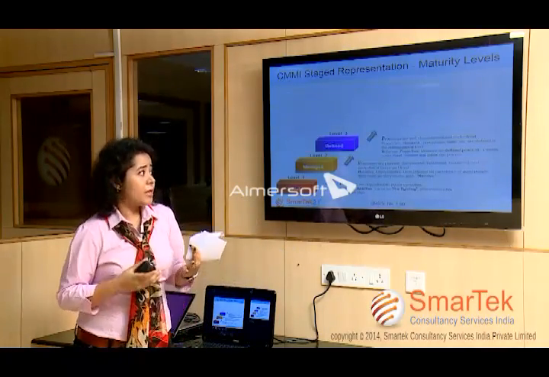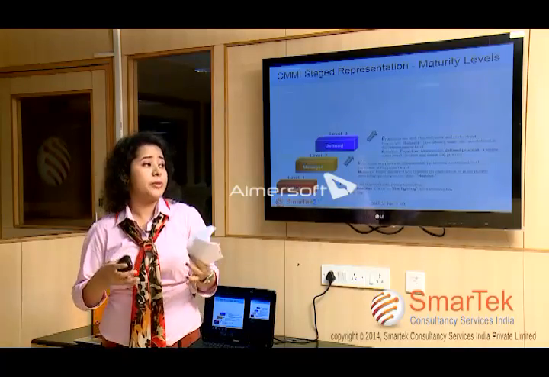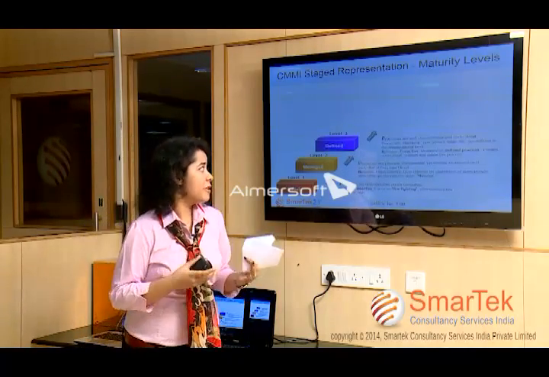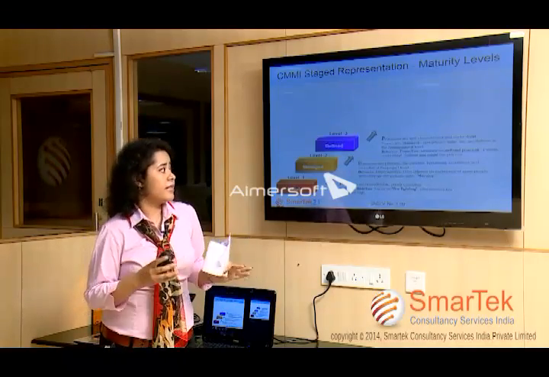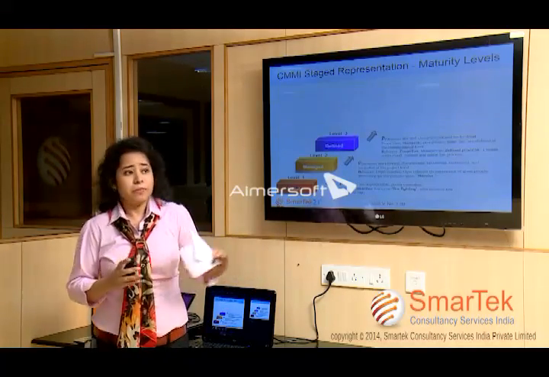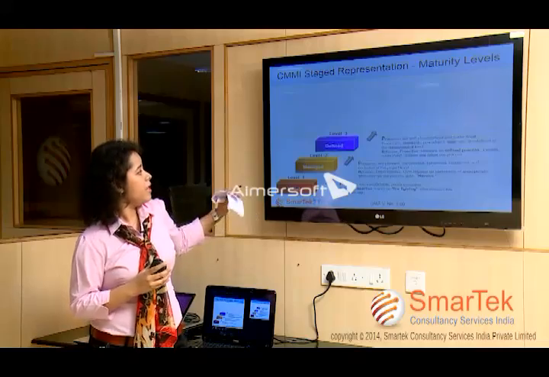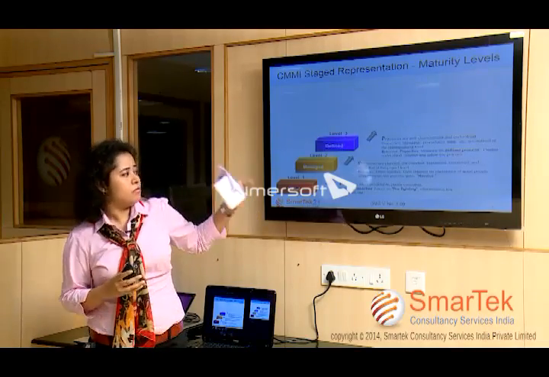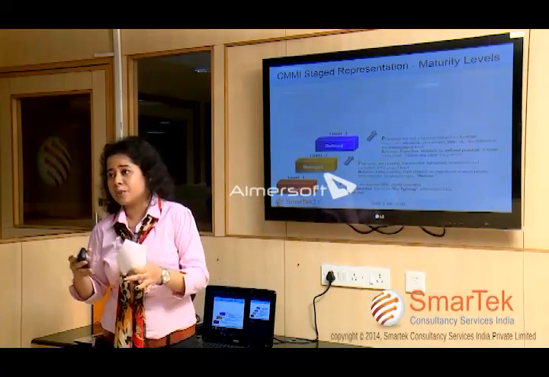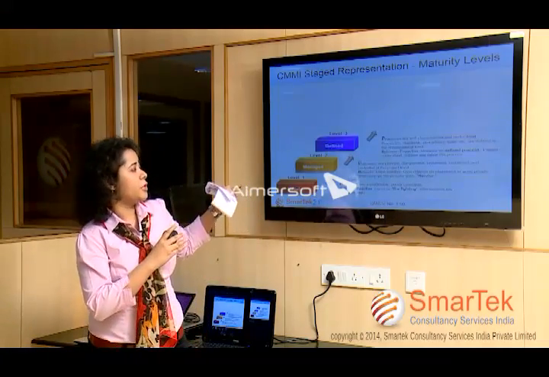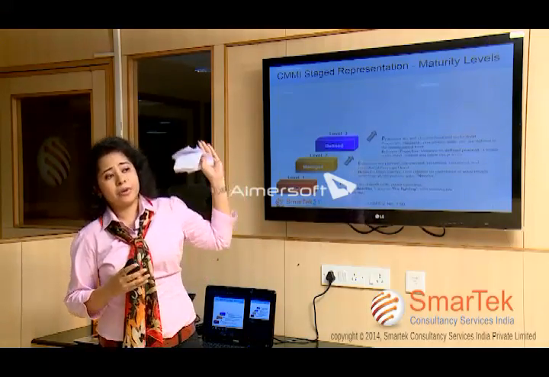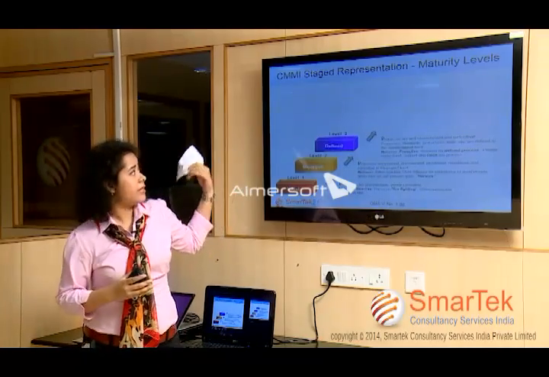We are going to plan out our schedule, our budget, and our cost, and we'll be able to understand and support the processes. So any organization which is going to get into the CMMI way is expected to first get into the defined level, and only then move ahead to the higher levels.